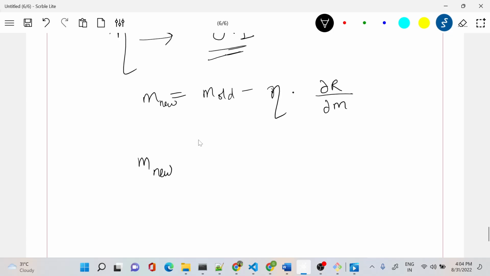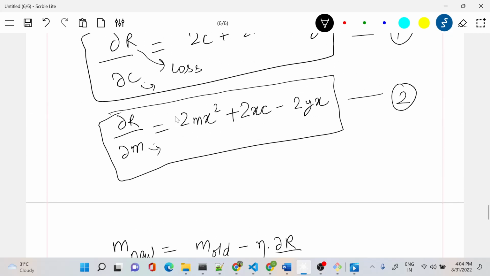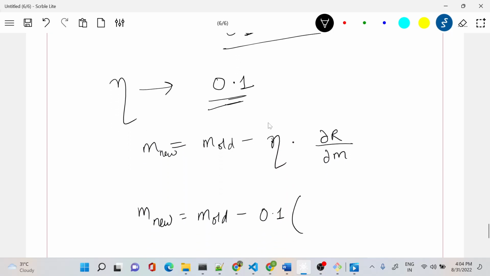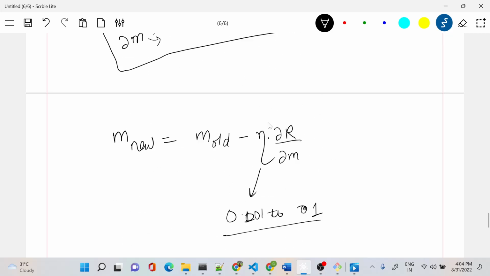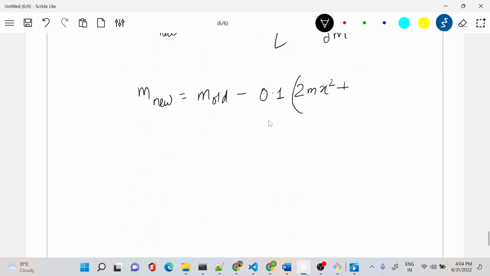M new would be M old minus 0.1 times del R by del M, which we have found out here: 2mx square plus 2xc minus 2yx.